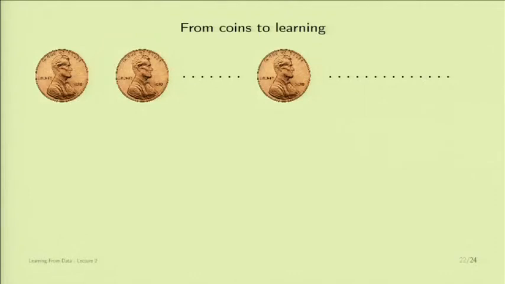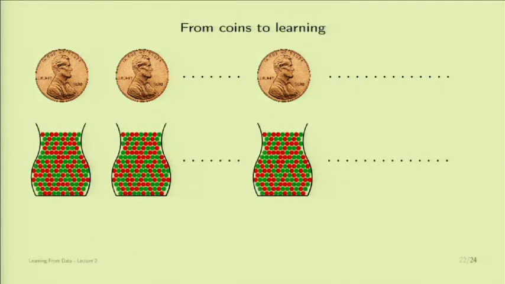So here are your coins. And how do they correspond to the bins? Well, it's a binary experiment, whether you are picking a red marble or a green marble, or you are flipping a coin getting heads or tails. It's a binary situation, so there is a direct correspondence. Just take the probability of heads being mu, which corresponds to the probability of a red marble.